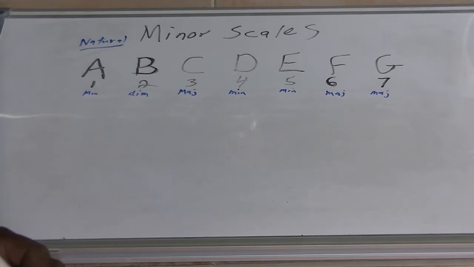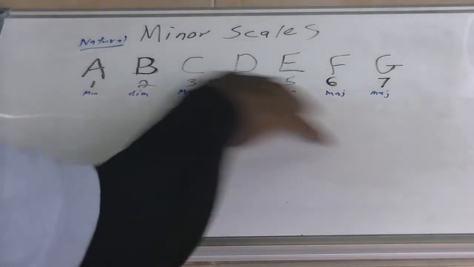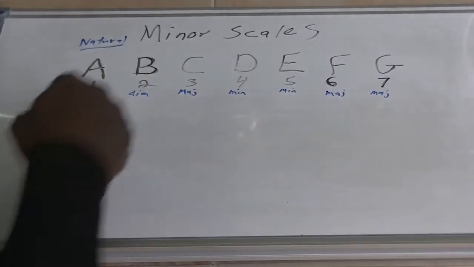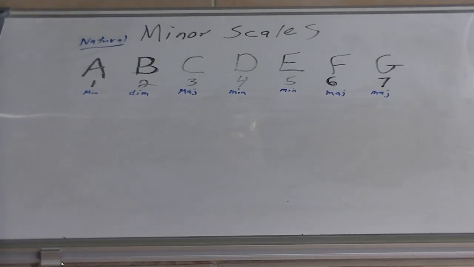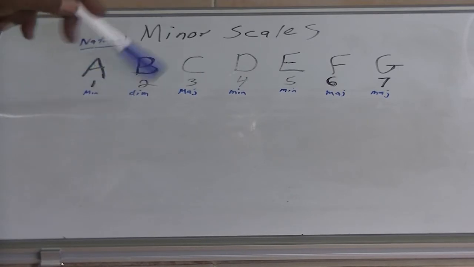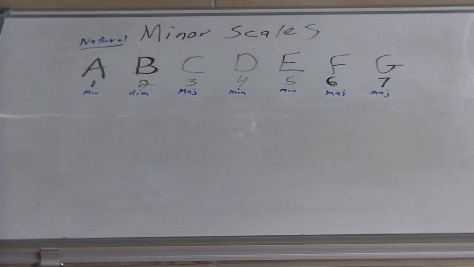However, we have 3 major chords, 3 minor chords, and 1 diminished chord. They just happen to fall in different places when we look at the minor scale as opposed to the major scale. So this is a natural minor scale, and this will give you a set of chords to work with.